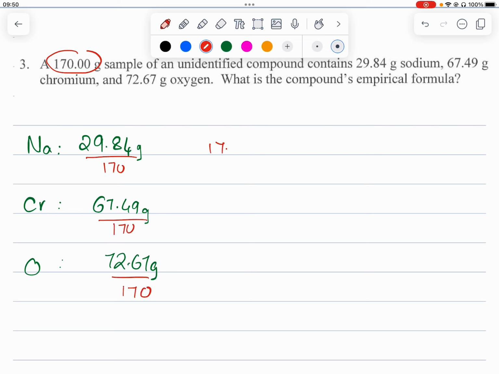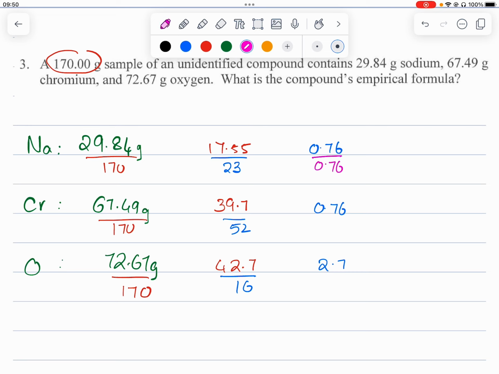So it becomes 17.55, 39.7 and 42.7. After that, divide by their atomic masses, which is 23 for sodium, 52 for chromium, and for oxygen it is 16. When I do that, I should get 0.76, 0.76 and 2.7. Which is the smallest one? The smallest one is 0.76.